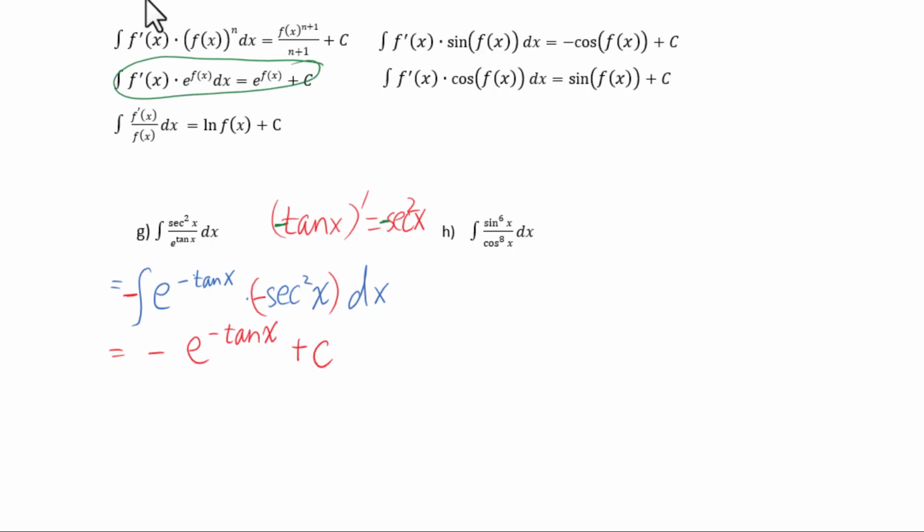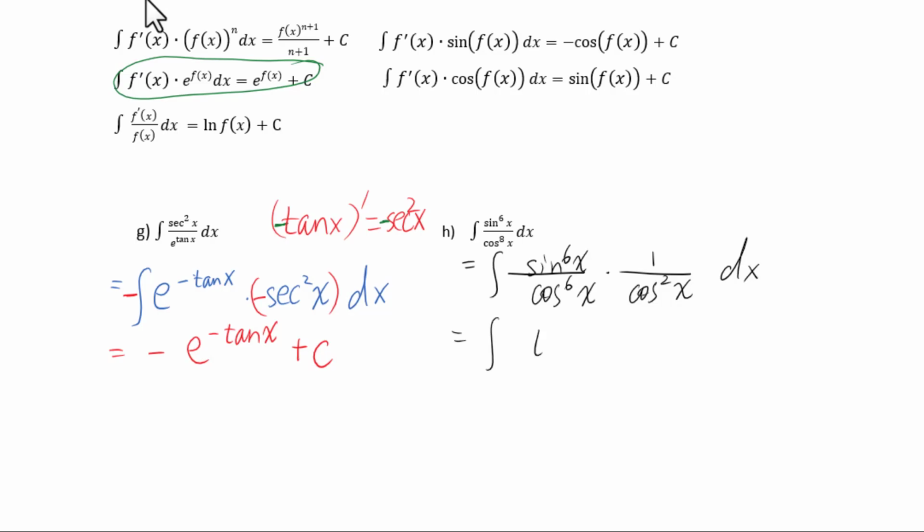Let's go to H. Integral of sine to the 6th power of x over cosine to the 8th power of x. Sine 6th power of x over cosine 6th power of x times 1 over cosine squared x dx.